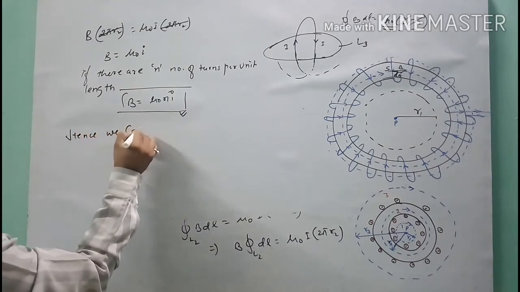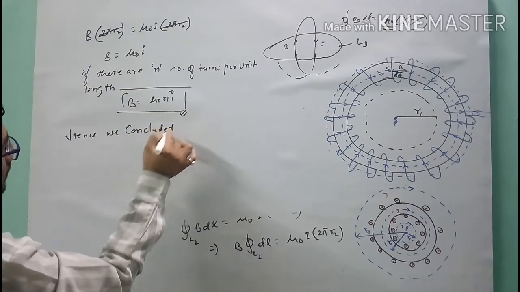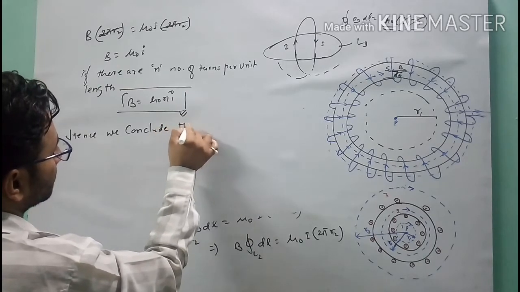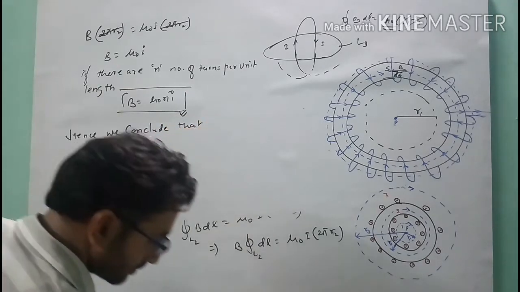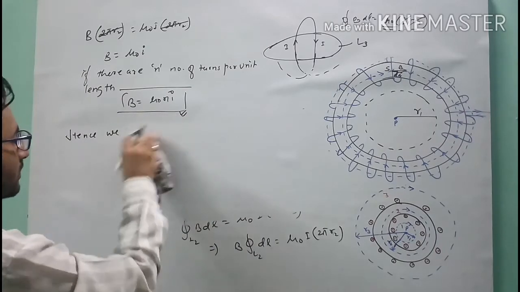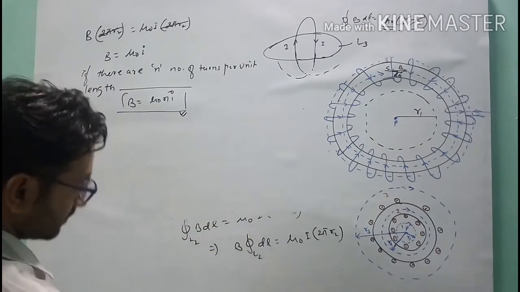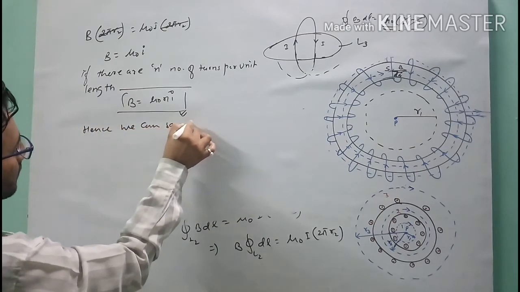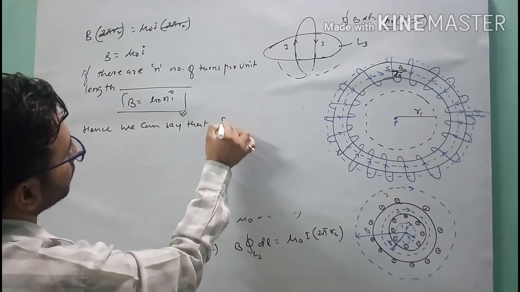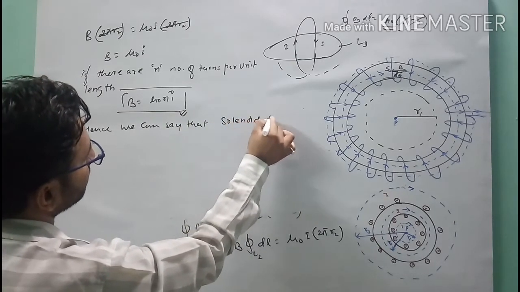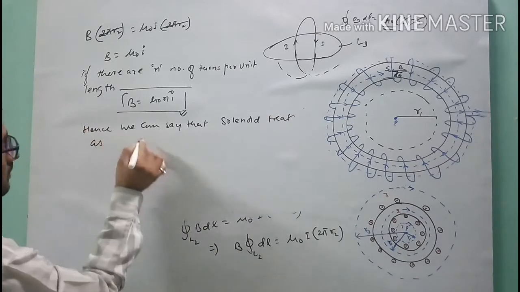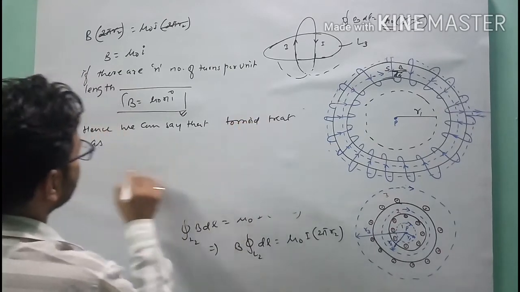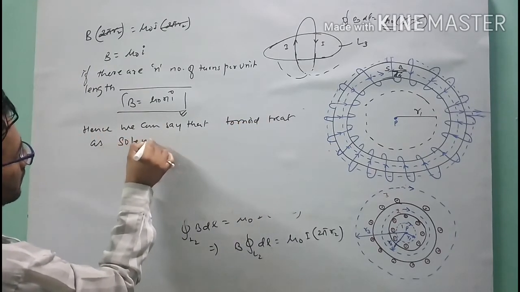Hence, we conclude that the toroid can be treated as a solenoid.